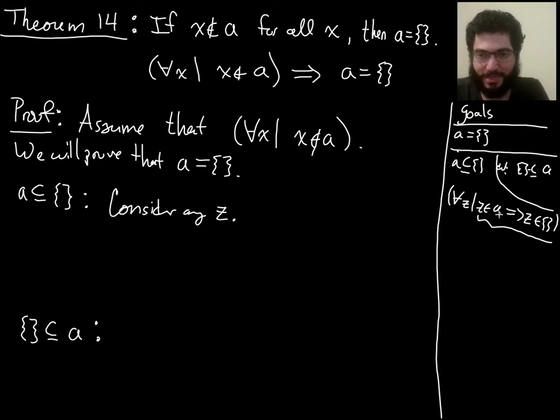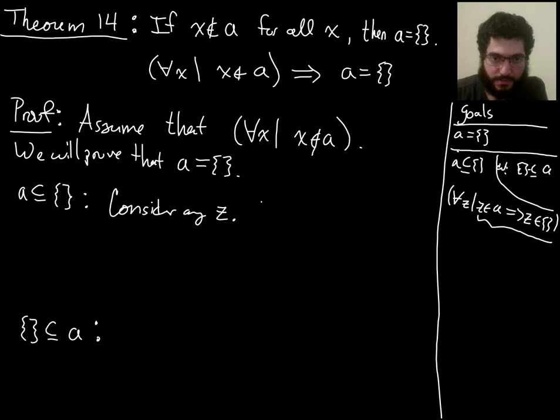I'm going to prove the implication by relying on the idea of vacuous truth, which was established using the basic rules earlier. That was back when we were looking at the truth table for implication. Okay, so consider any z.